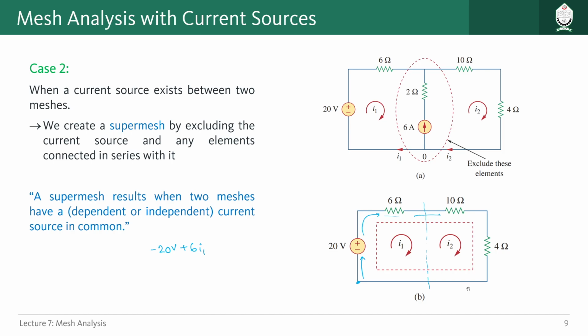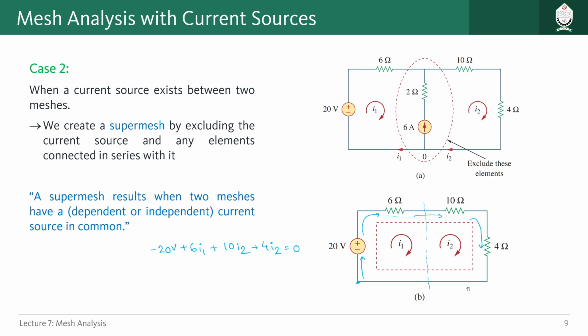And if I go in this direction again, for the 10 ohm resistor the current is I2, so we have to write 10 I2. Similarly here it should be 4 I2, but we are completely omitting the portion we had with this super node, right? We are completely excluding this one. Now we can just equate this portion to 0. This is one of our equations, right?